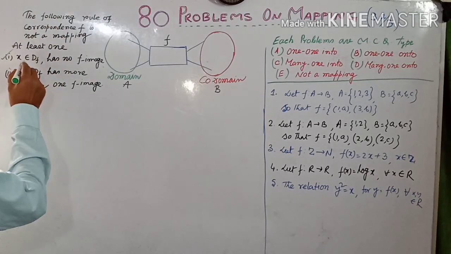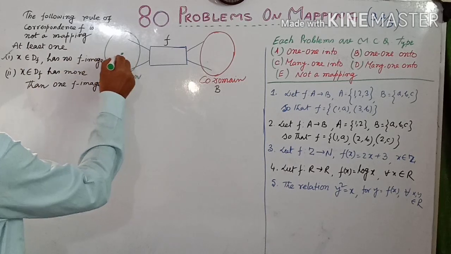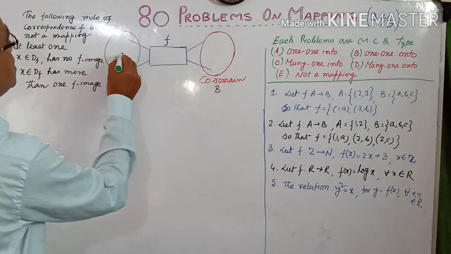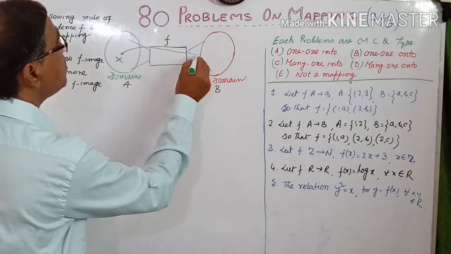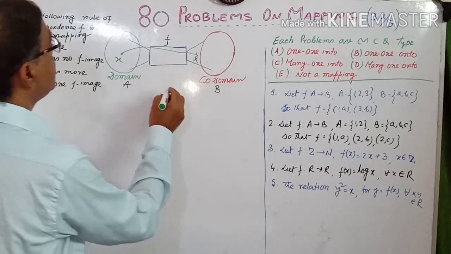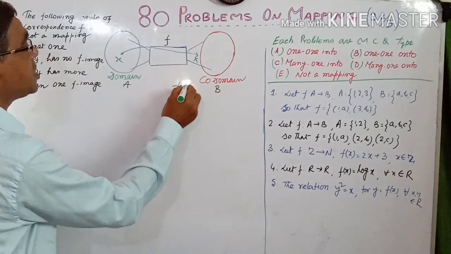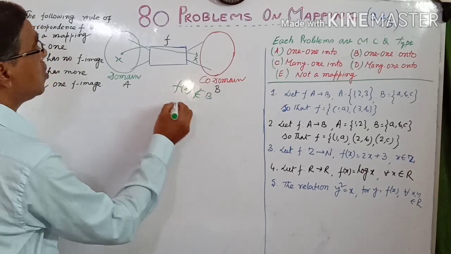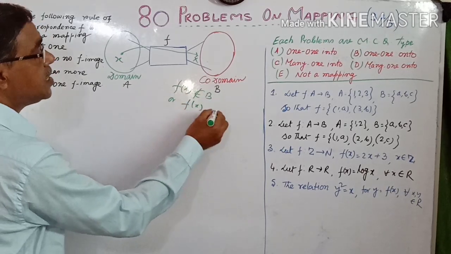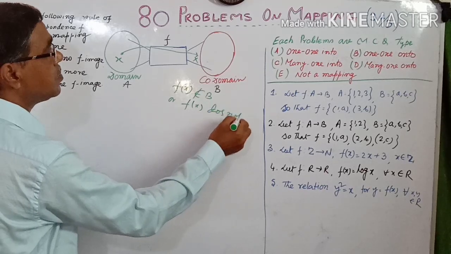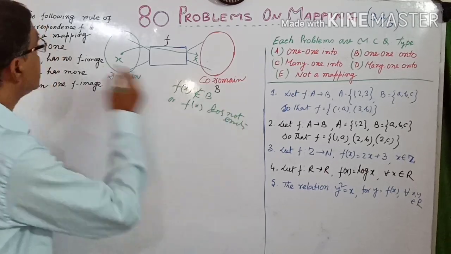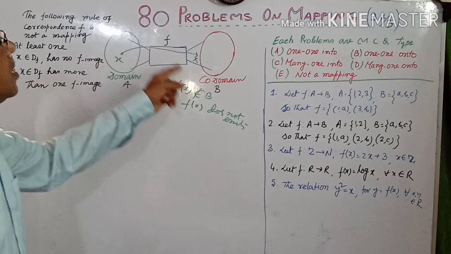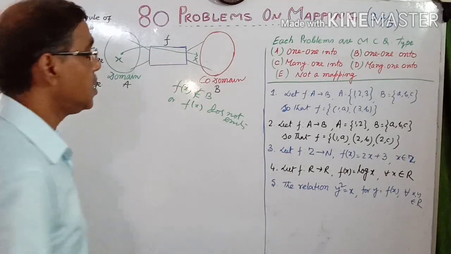First case, if x belongs to the domain of f, but it has no f image, that is, either f(x) does not belong to B or f(x) does not exist. In this case, f does not form a mapping.